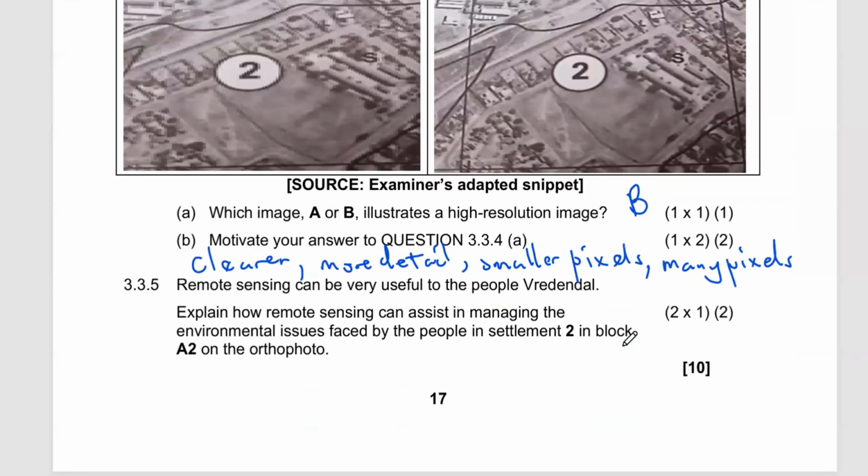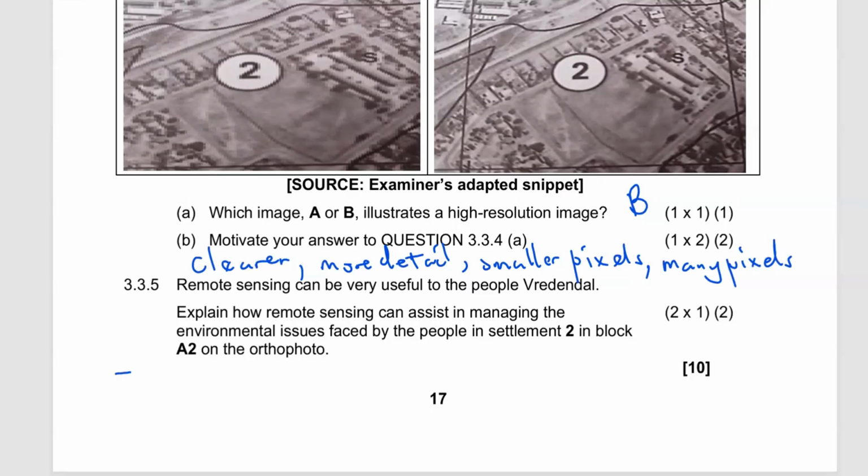Remote sensing can be very useful to the people of Redindal. Explain how remote sensing can assist in managing environmental issues faced by the people in settlement 2 in block A2 on the orthophoto.